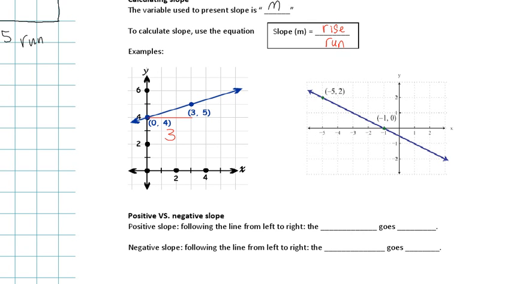So what's your rise? 1. So the slope is 1 over 3. Done. That's your slope. We write it down as a fraction. You leave it like this. 1 over 3, done.